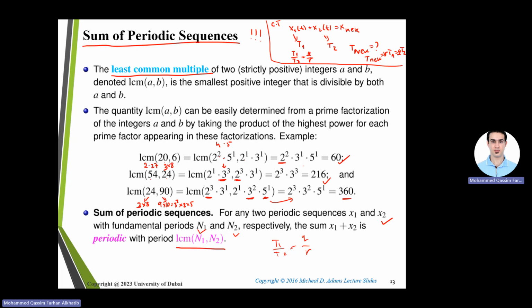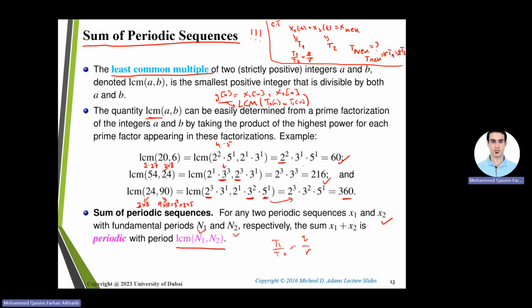Basically, for the newly formed sequence, let's say y of n equals x1 of n plus x2 of n, the period of y of n will be the least common multiple of the period of x1 of n and the period of x2 of n.